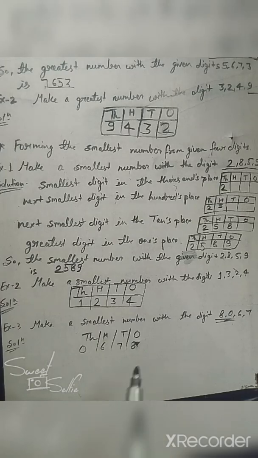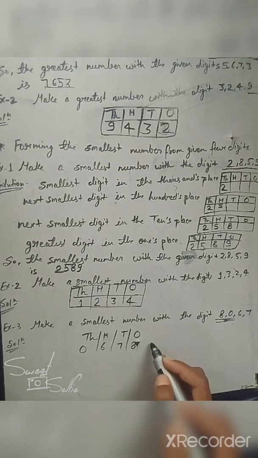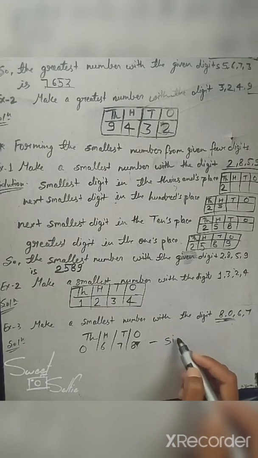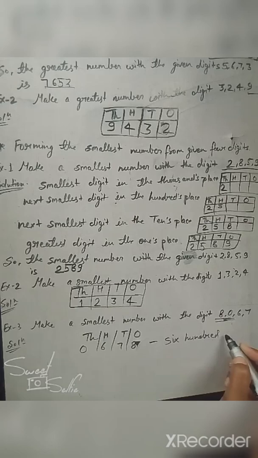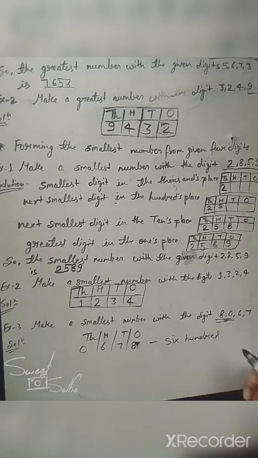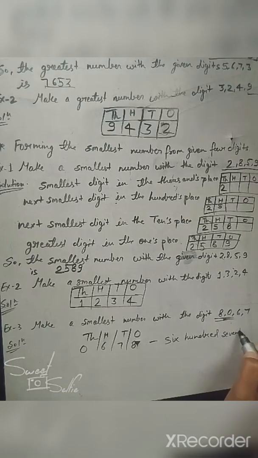Can we read it as 0678? No, this is wrong. There is no meaning of 0678. This is 678, so this is only a 3-digit number.